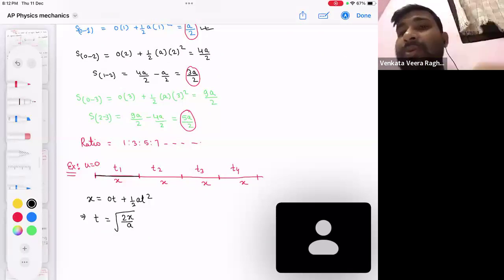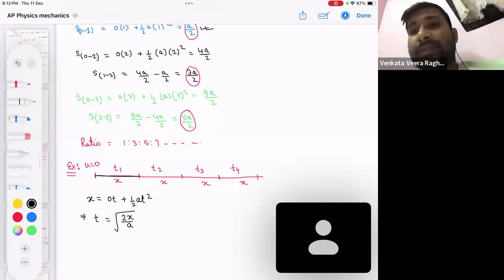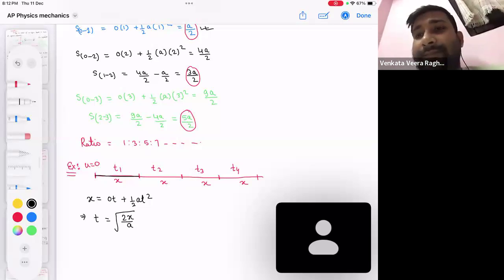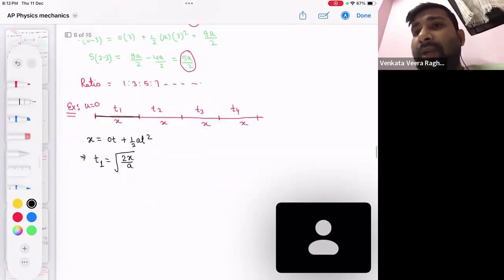So this is t1 for us, right? Now, if I want to calculate t2, should I calculate this total journey, here to here, and out of that subtract this t1 to get t2?